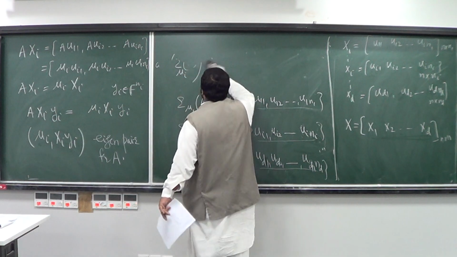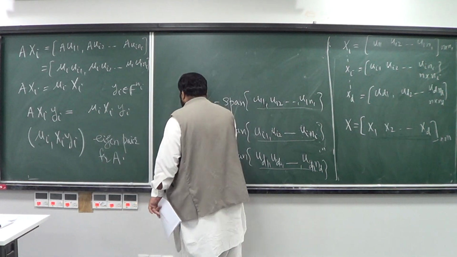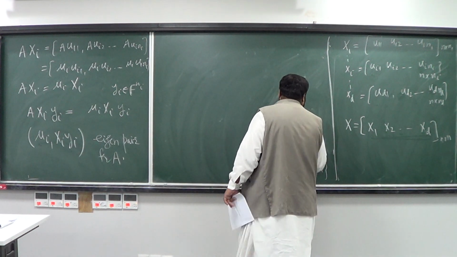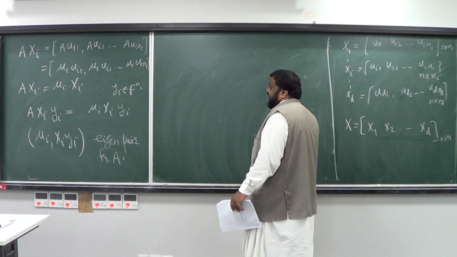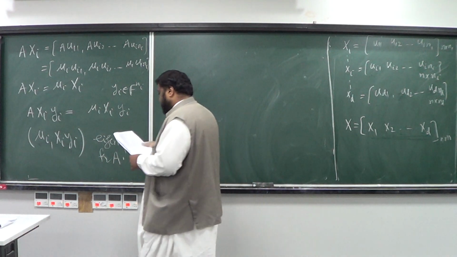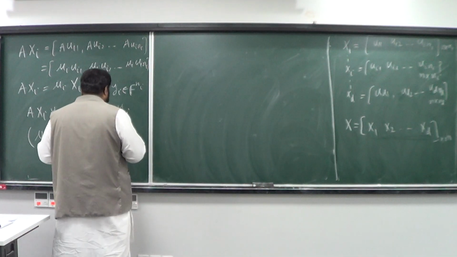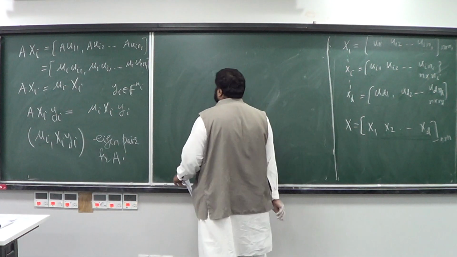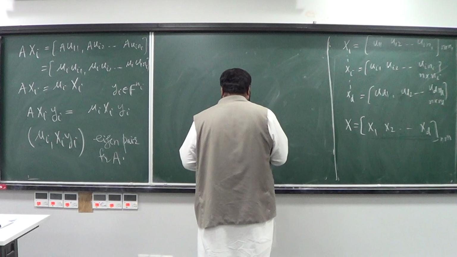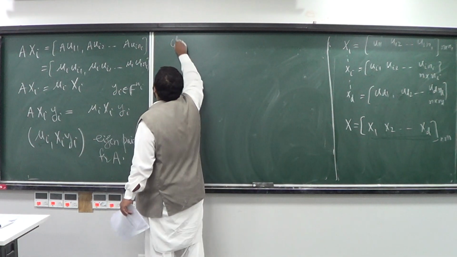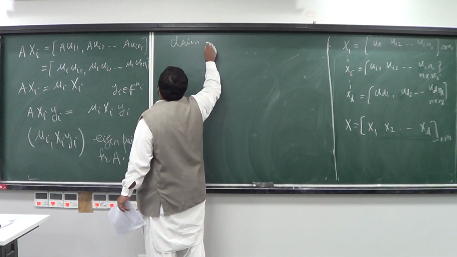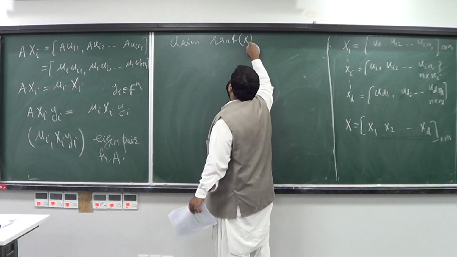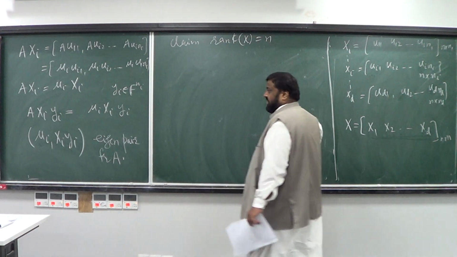So we are almost done now. We are almost done. Now we would like to show that this matrix X has full rank actually. Okay? So the claim is that the rank of the matrix X is n.